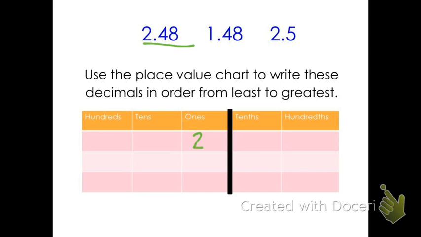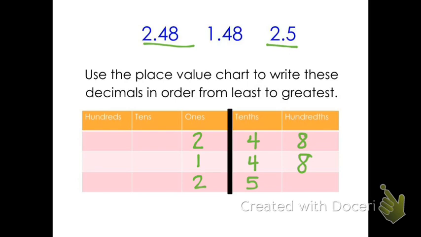So that's a 2 in the ones place, a 4 in the tenths, and an 8 in the hundredths. Next one I'll do is my 1 in the ones place, a 4 in the tenths place, and another 8 in the hundredths place. The last one would be 2 and 5 tenths. So we're at 2 and a 5 in the tenths place.